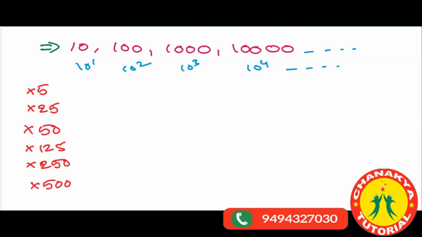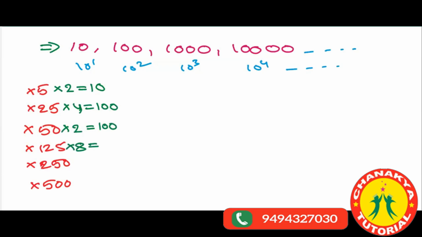How can we make 5 a power of 10? Multiplied by 2, sir. If you multiply it by 2, we can make it 10. 25 multiplied by 4 makes 100. 50 multiplied by 2 makes 100. And 125? 8, sir.